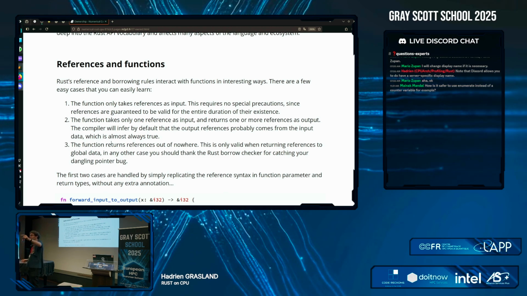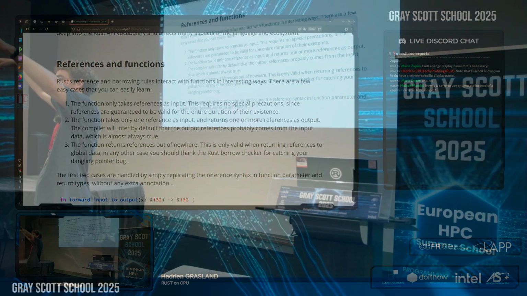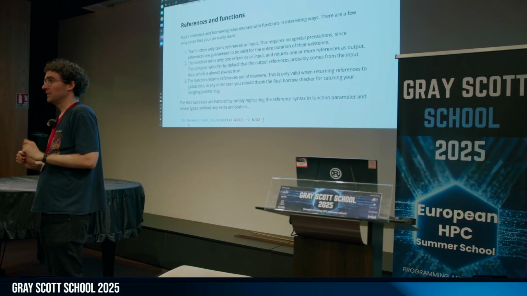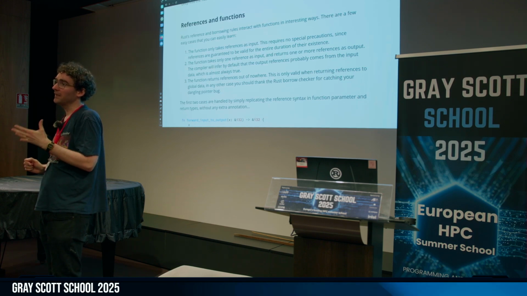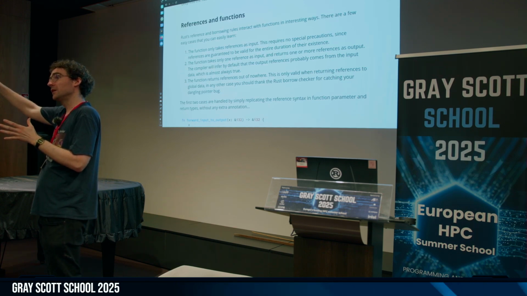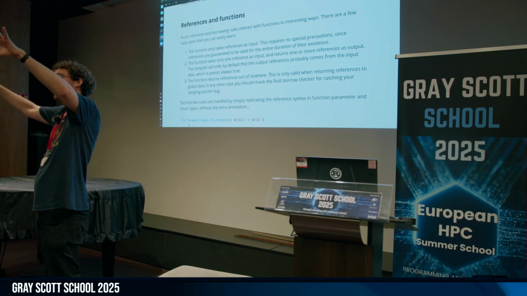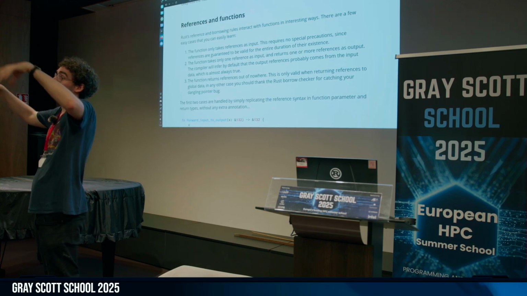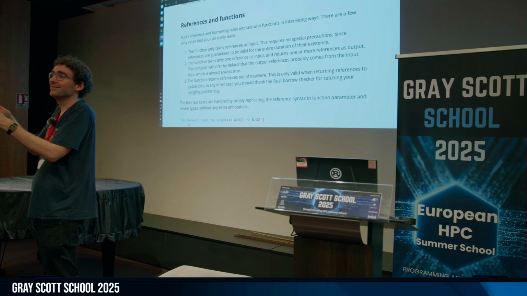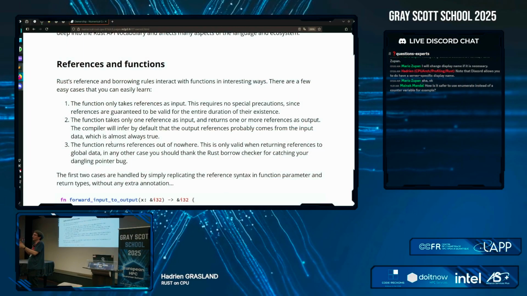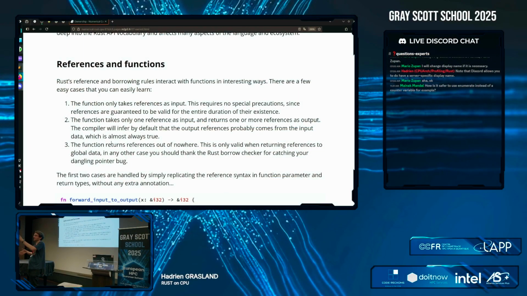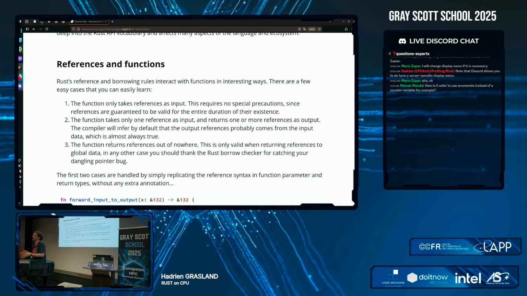If a function takes one reference as input and returns one reference as output, then by default, the compiler makes the assumption that your output reference comes from your input reference. Because otherwise, either you're doing something illegal, like returning a reference to something that's on the stack, or you're returning a reference to a global variable, and then Sebastian will yell at you. So it should not be the default assumption of the compiler.